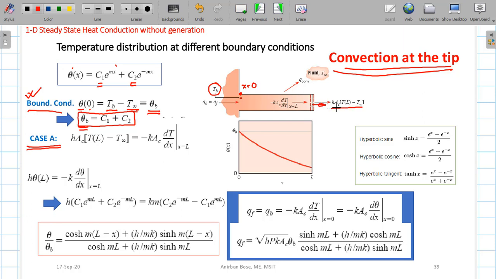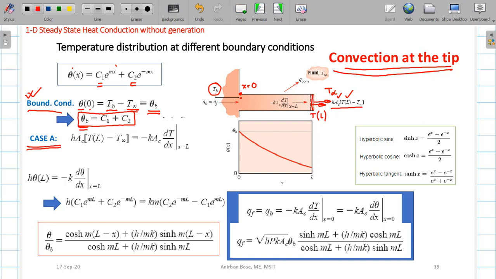And that convection heat transfer you can easily write as h into the cross section, that is Ac, multiplied by the temperature at x is equal to L, minus T infinity. T infinity is the outside fluid temperature. So this is the convection that will go out from the tip to the surface.